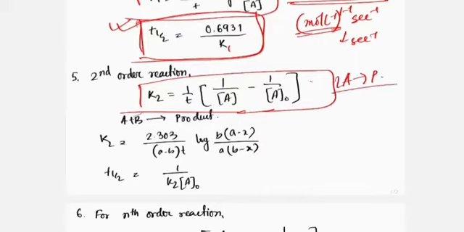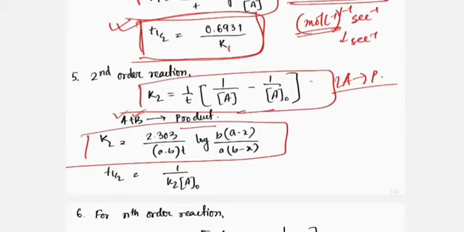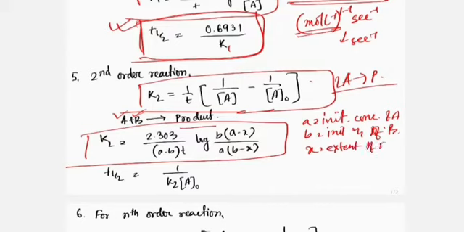If there are two reactants A and B forming the product, then the equation becomes different, and it becomes 2.303 by A minus B. A is the initial concentration of A, and B is the initial concentration of B. X is the extent of reaction, right?